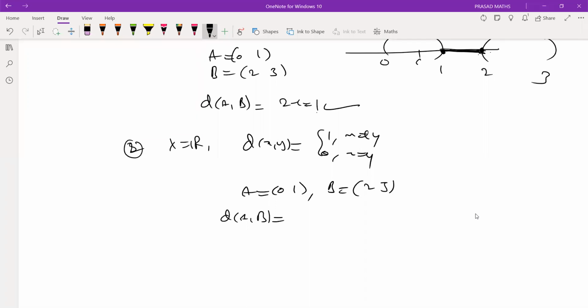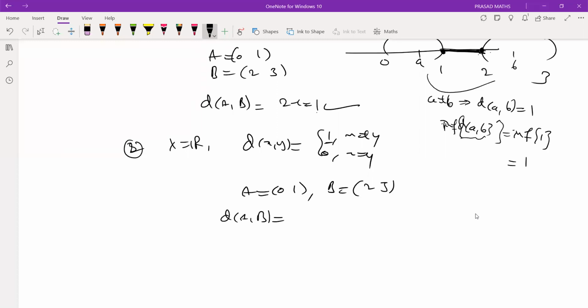You take any point in set A and any point in set B. Since a and b are not equal, the distance between a and b is 1 in the discrete metric. This is true for every a and b, so the set of distances is a singleton. The infimum of the singleton {1} is nothing but 1.